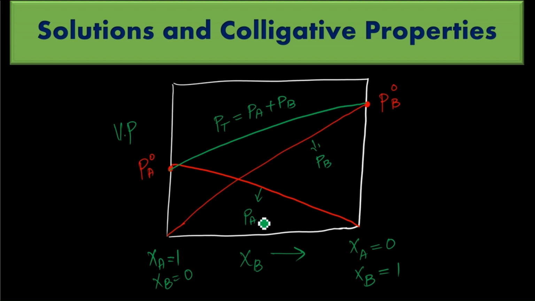Okay, what if both the components are in the vapor phase? Mole fractions of A and B in the vapor phase, because we told you initially, while we are boiling it, it will maintain an equilibrium, vapor to liquid equilibrium.